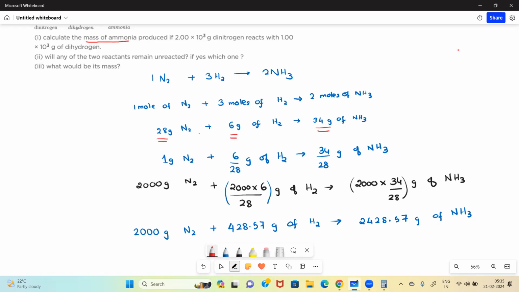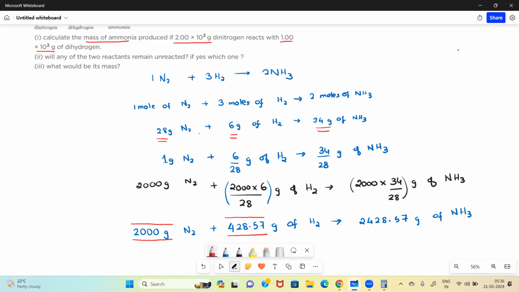Now you can clearly see that the nitrogen is completely exhausted. But you have hydrogen 1000 grams, out of which only 428.57 is utilized. So here the limiting reagent is dinitrogen, and the excess reagent is dihydrogen.